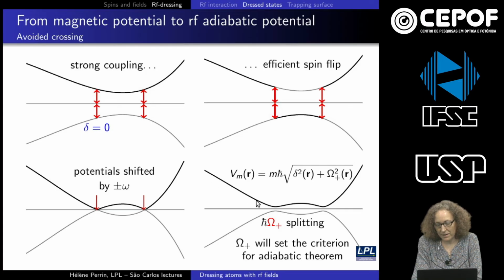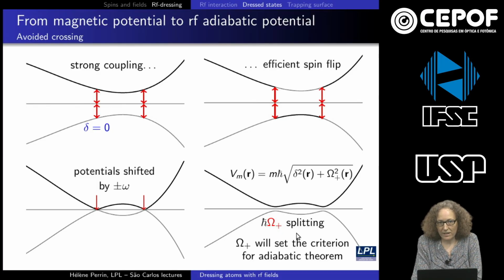There is a splitting equal to omega plus at the crossing, and this completely corresponds to the potential I have written before. So the square root of delta squared plus omega plus squared is exactly this line here, and it is minimum when the detuning is 0, and then the splitting is equal to omega plus.